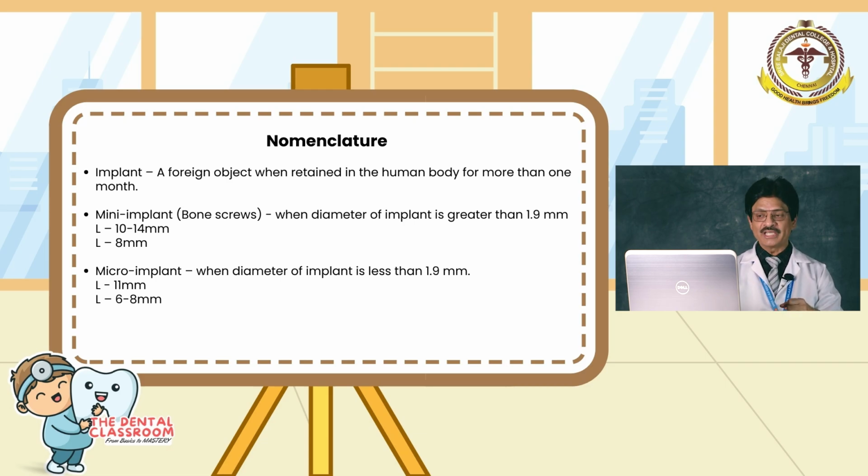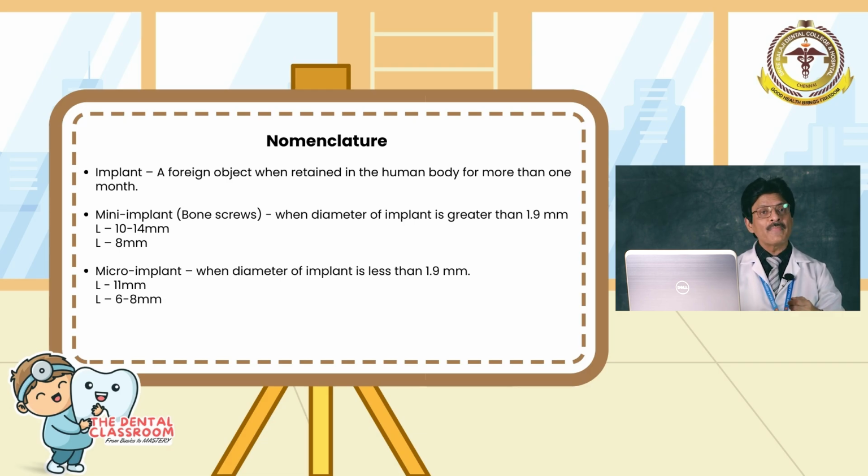Any foreign object when retained in the human body for more than 1 month is known as an implant. Then when do we call it a mini implant? When the diameter of the implant is greater than 1.9 millimeters, we call it a mini implant. The length could be 10 to 14 mm, or it could also be 8 mm as the case may require.